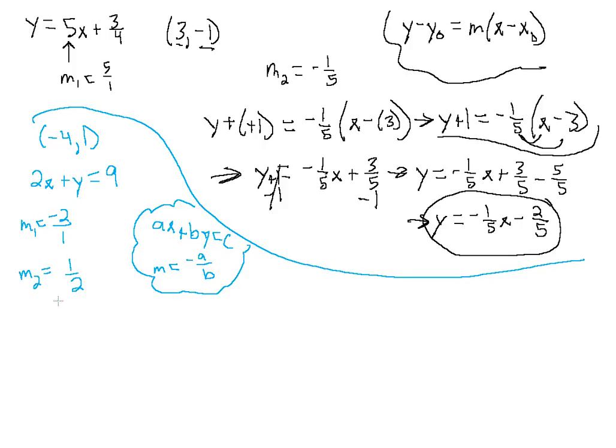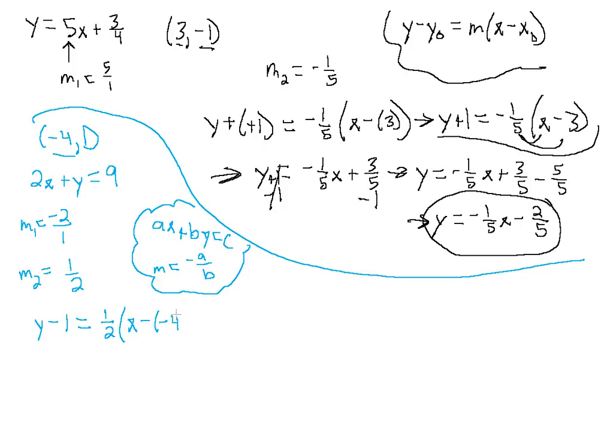Okay, so using the point slope form, with the slope and the point minus 4 and 1, we get this. We have y minus y naught, which is 1. You can see how point slope form is actually very helpful in a situation like this. And then we have our slope, which is 1/2 times x minus x naught, so x minus a negative 4.